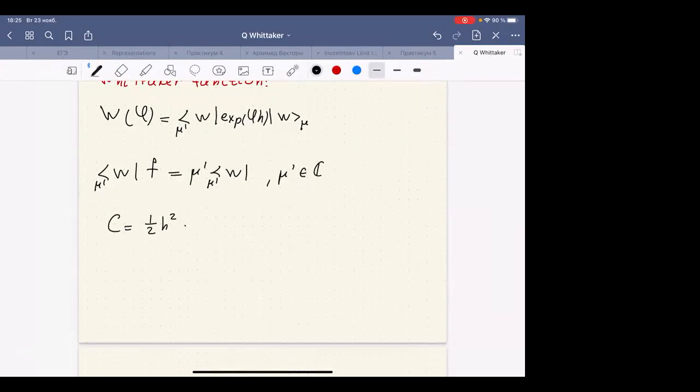So we introduce the quadratic Casimir. It lies in the universal enveloping algebra of SL2, and it commutes with everyone.